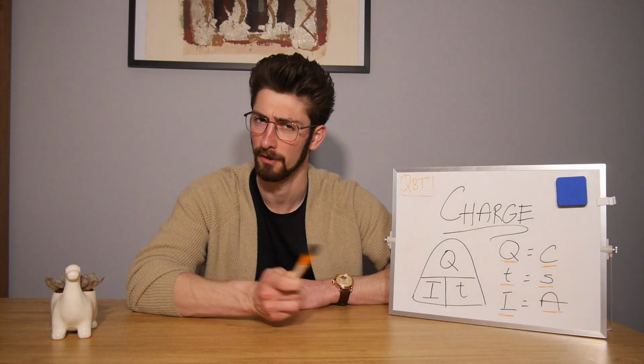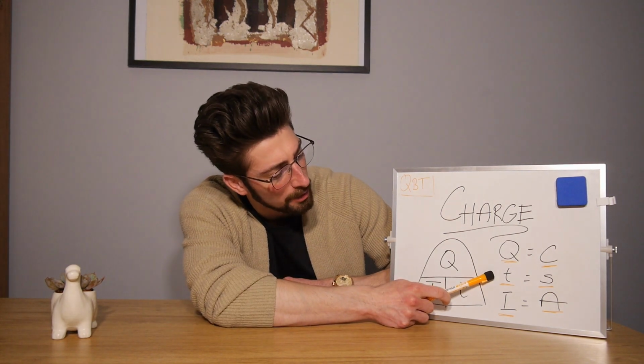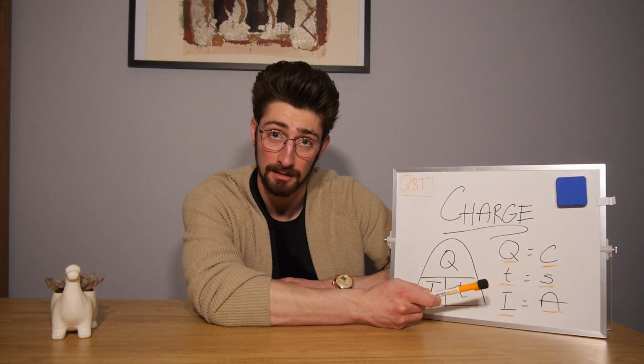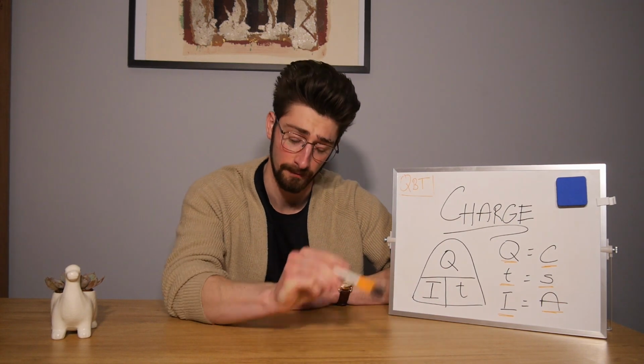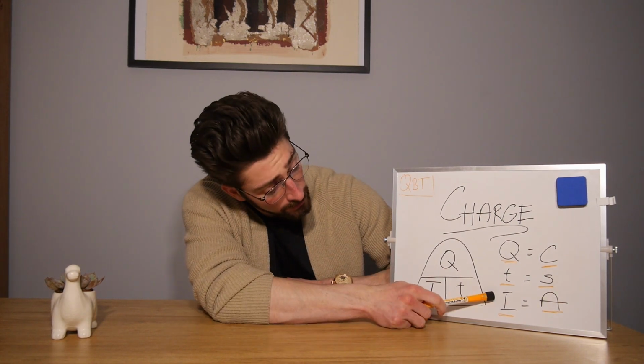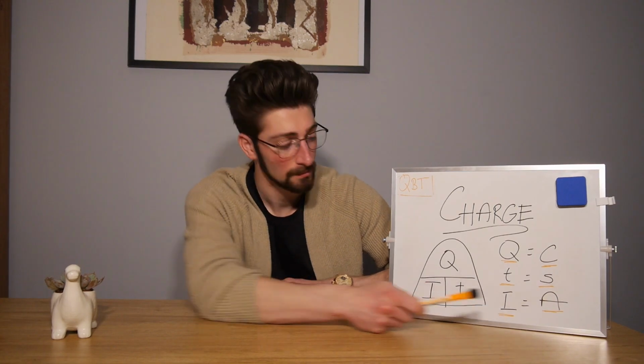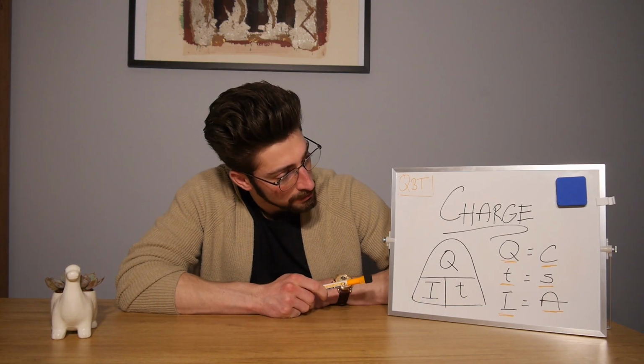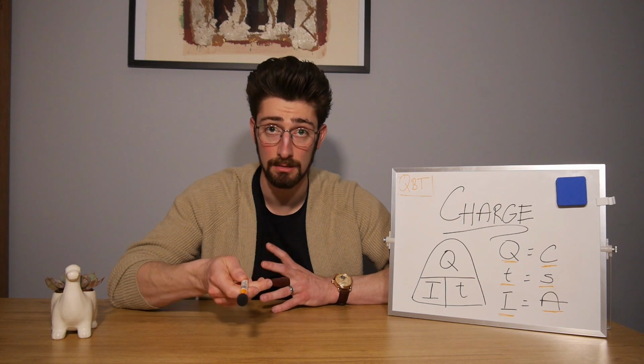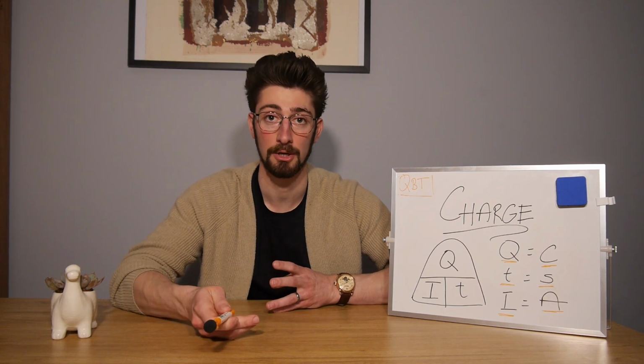I'm not sure, we'll find out. And then T we know is always in seconds, so make sure we're converting to seconds. And then current we know is always in amps. So with all this information, let's see how we can use that in an exam style question.